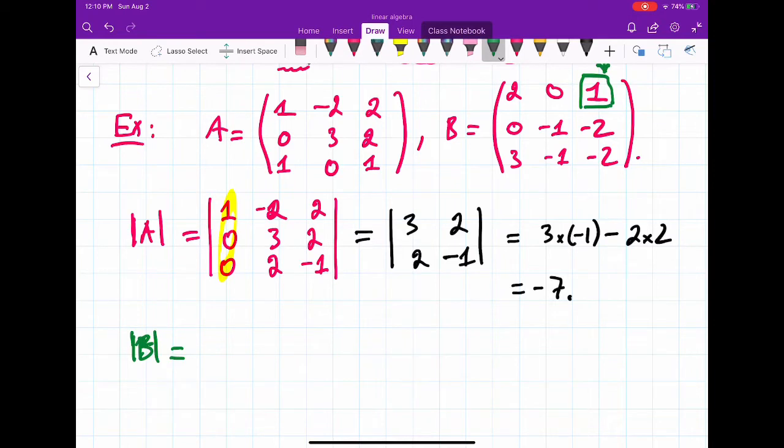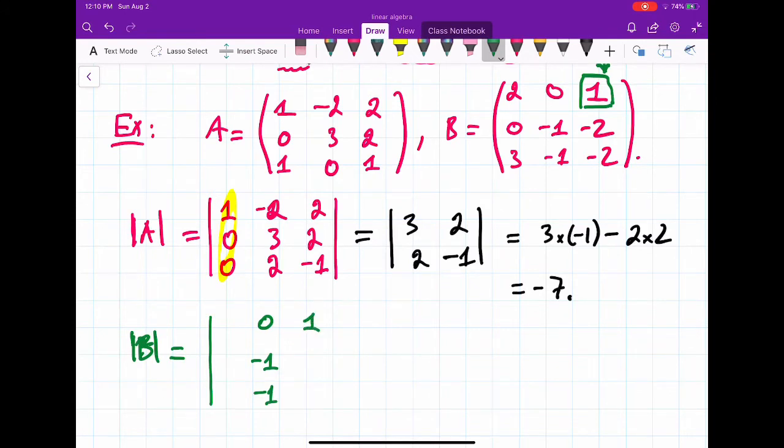But for the determinant, yes, we can use column operations, and we don't change the determinant of the original matrix. If you multiply a column by a scalar and then add to the other column, the determinant will be the same.